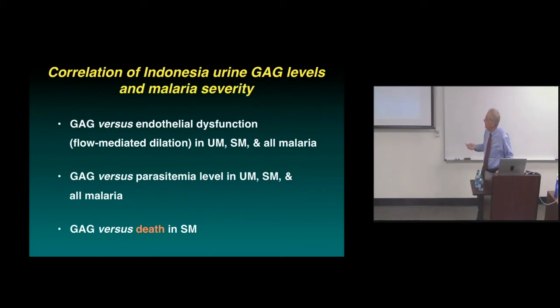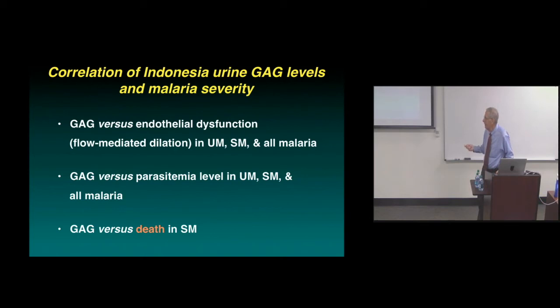So we've done some correlation studies, and the statistics on this have not been finished, but the height of the glycosaminoglycan abnormality is correlated with the flow-mediated dilation defect. So the worse, the higher the glycosaminoglycans, the worse their flow-mediated dilation is.